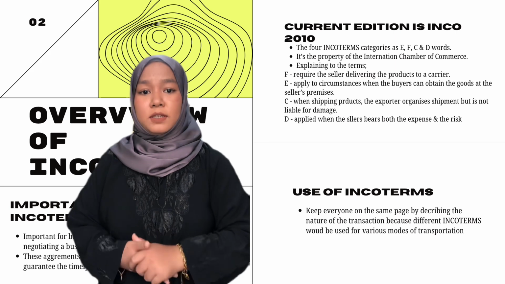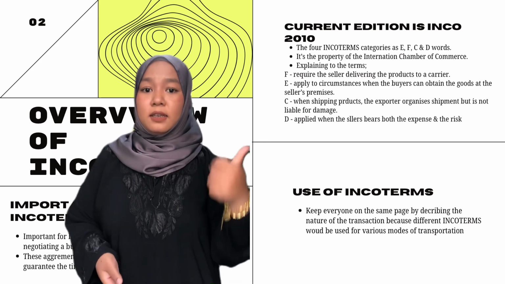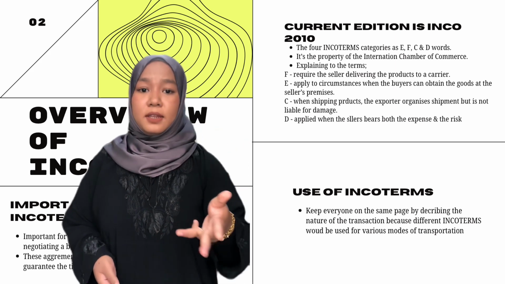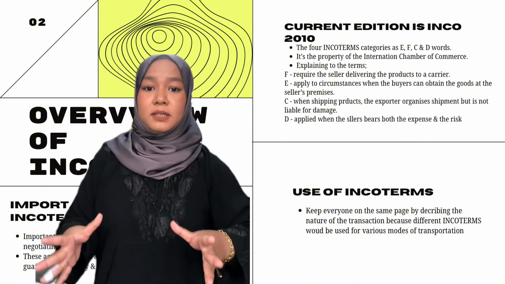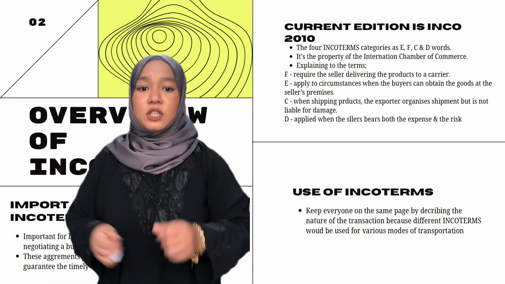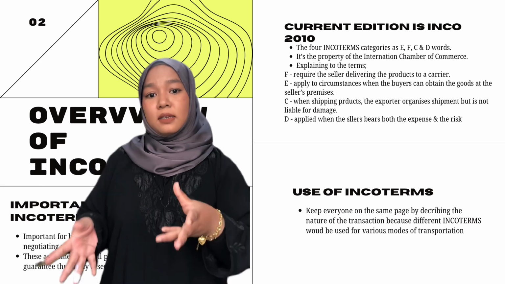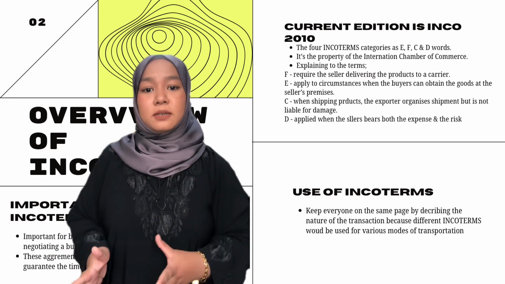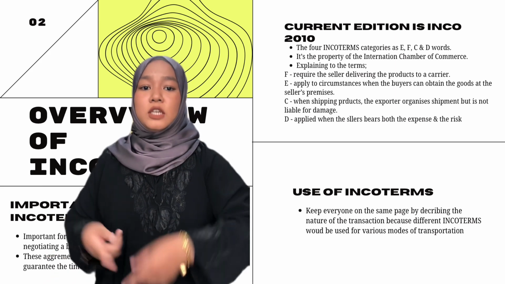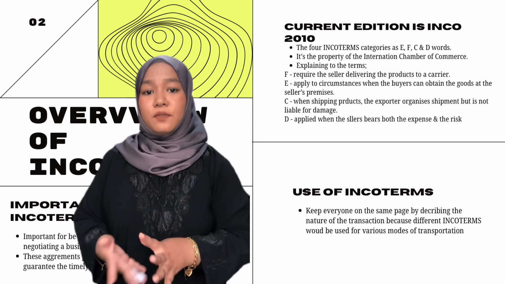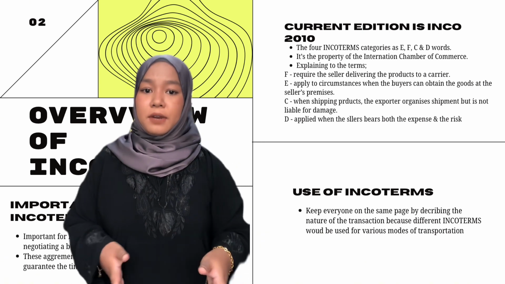The 4 Incoterms categories are E, F, C, and D words. It's the property of the International Chamber of Commerce. To explain the terms, F requires the seller to deliver the product to a carrier.